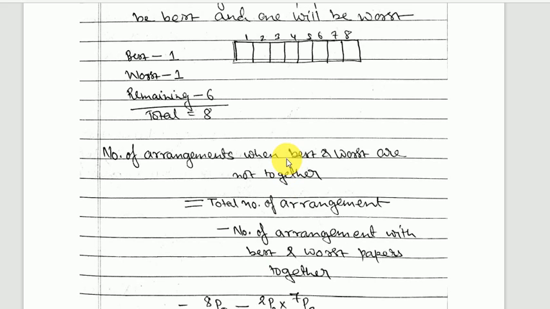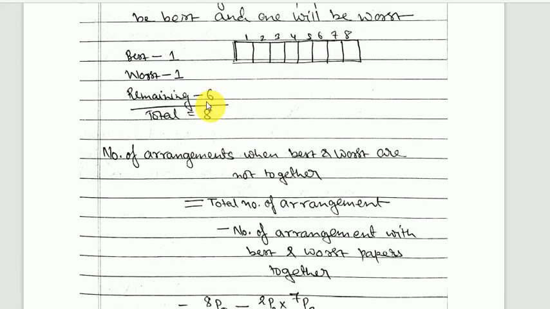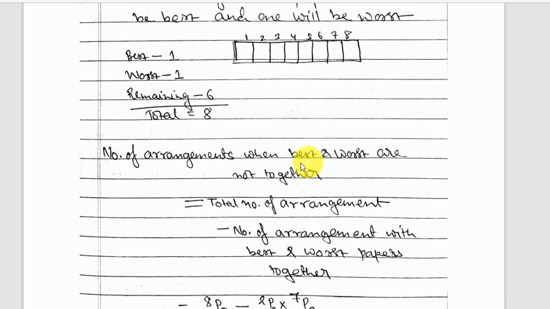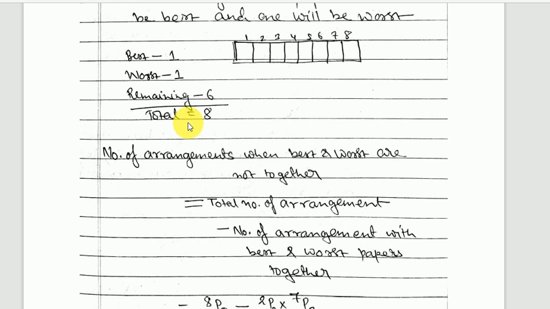What we can do is, the best paper and the worst paper will be together, so we are taking 2 papers, best and worst, at a time. So 2P2 into 7P7. Because here best and worst was considered to be a single entity.